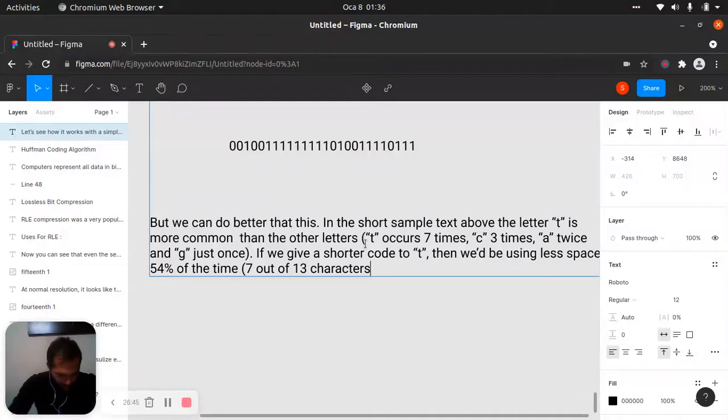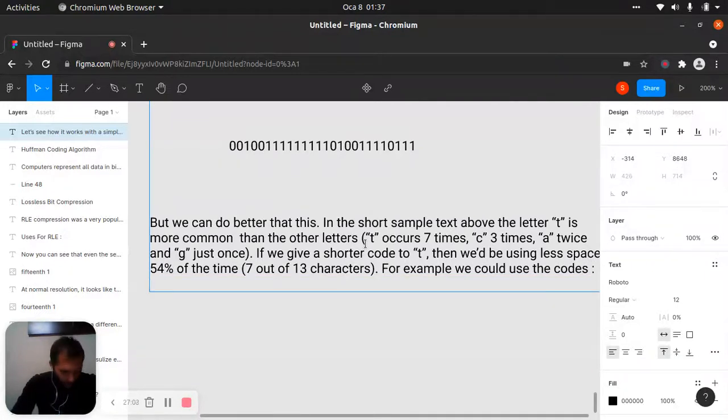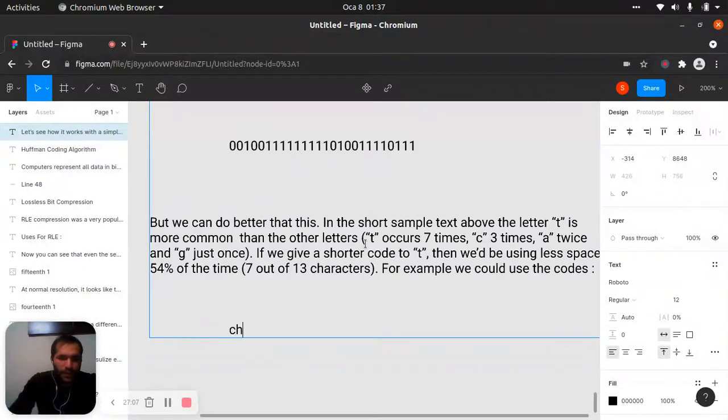It will help us. Let's close it and say, for example, we could use the codes here. Let's come down. Now here, what I want to do, let's say character again. Let's say binary code.